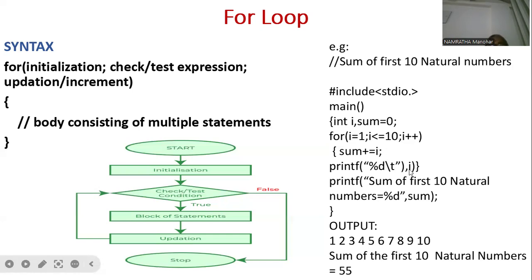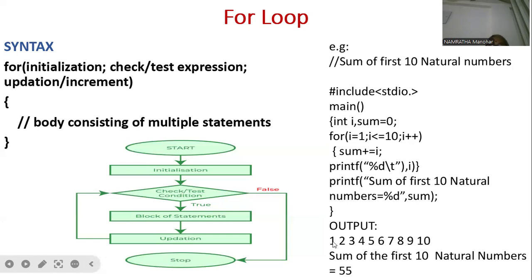Now I will print the variable i, which means I will get the output 1. After printing, printf of sum of the first 10 natural numbers is equal to %d, sum. I'm printing the sum. Here you can see I've closed the for loop.